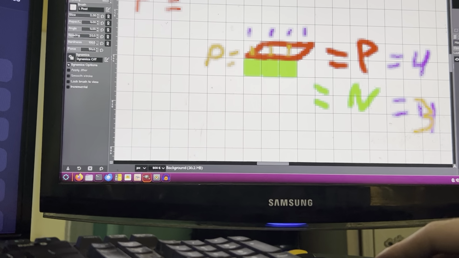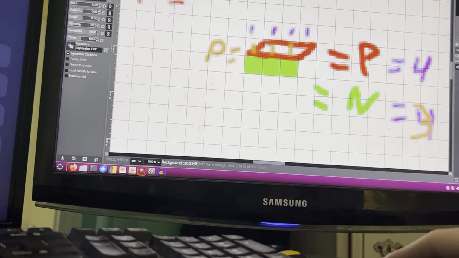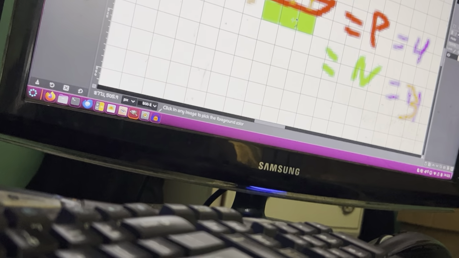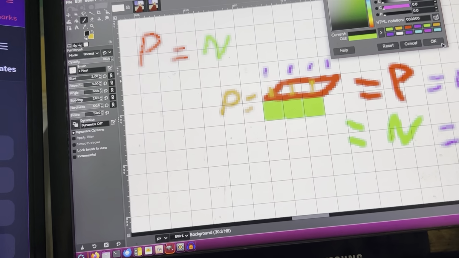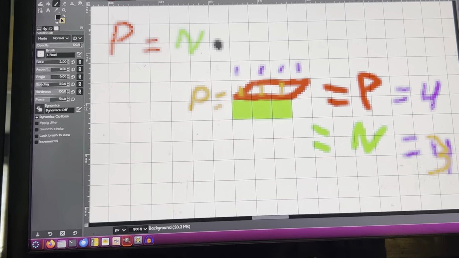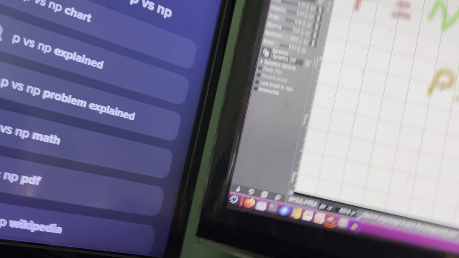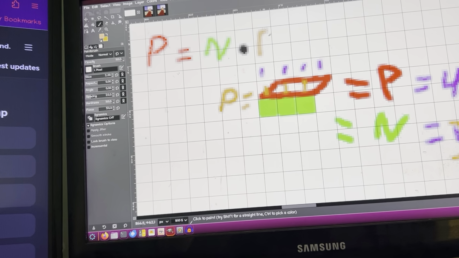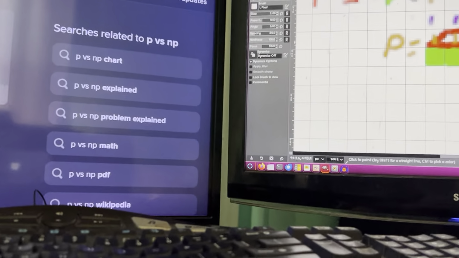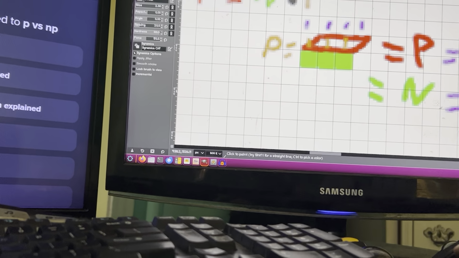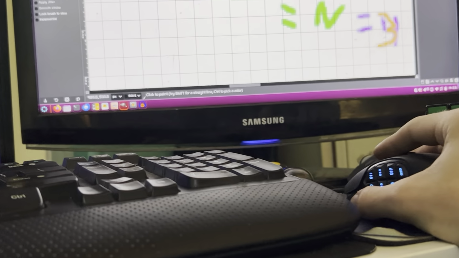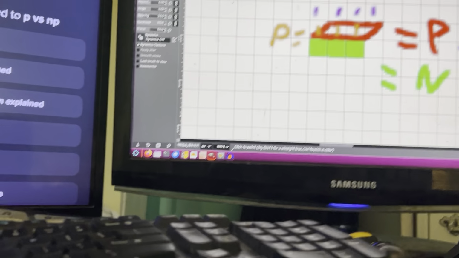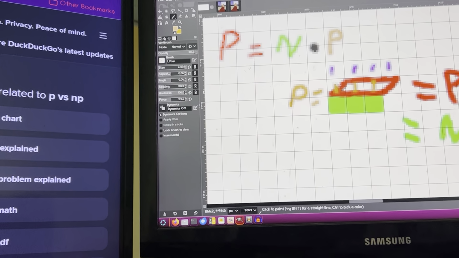We say red P equals green N times, get black for that, times gold P. So in this instance, red P is 4, N is 3, so 4 times 3.